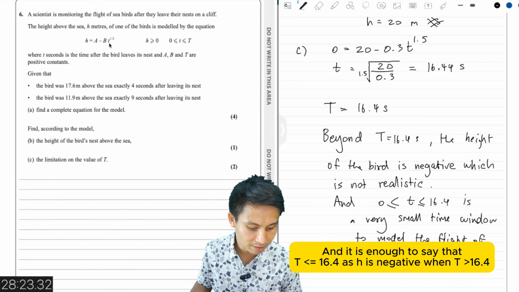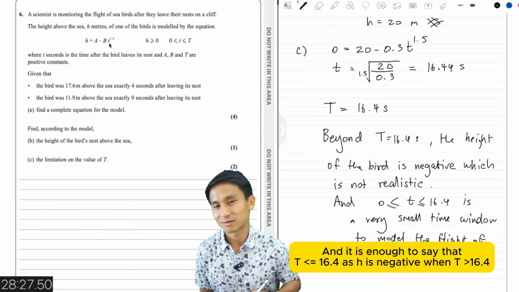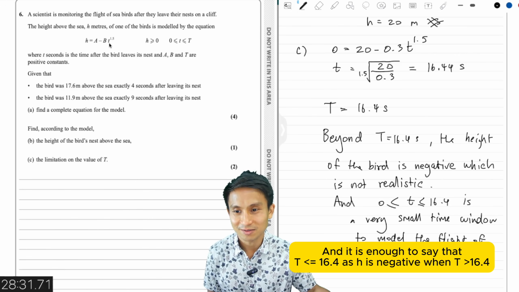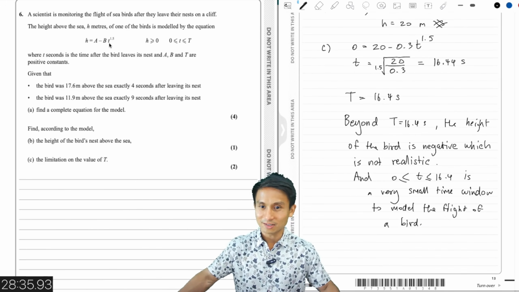That might be a bit subjective, but why would you model something knowing it for just, you know, 16 seconds and that's it? Probably not that useful, right? So yeah, I think that would be my answer there.